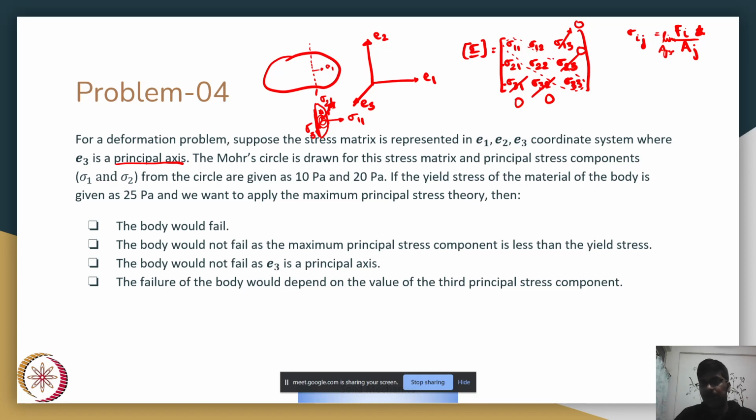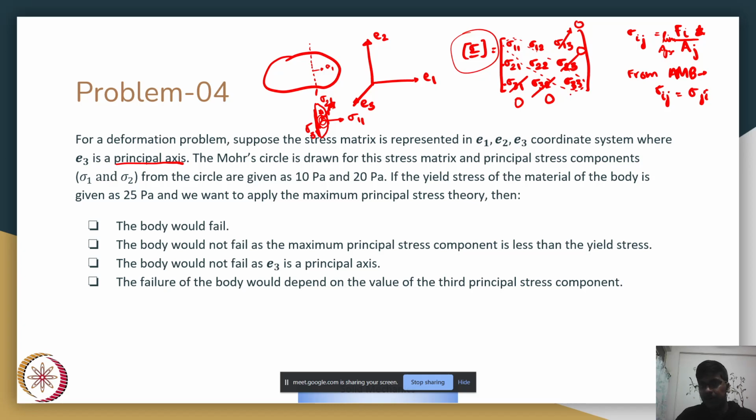This is because from angular momentum balance, we know that sigma 3 1 is equal to sigma 1 3, sigma 3 2 is equal to sigma 2 3. From angular momentum balance, sigma ij is equal to sigma ji, which essentially means that this entire matrix is equal to its own transpose, and therefore this matrix is symmetric.